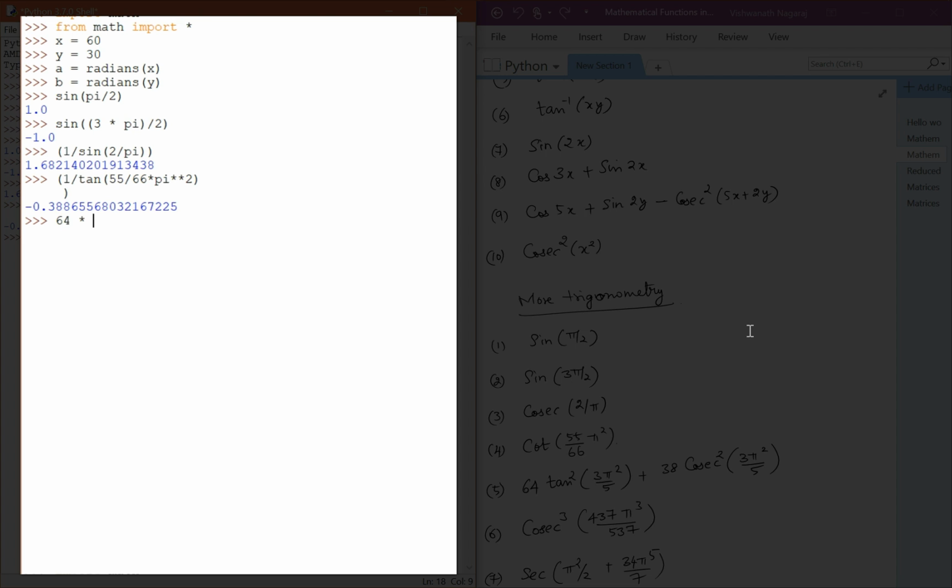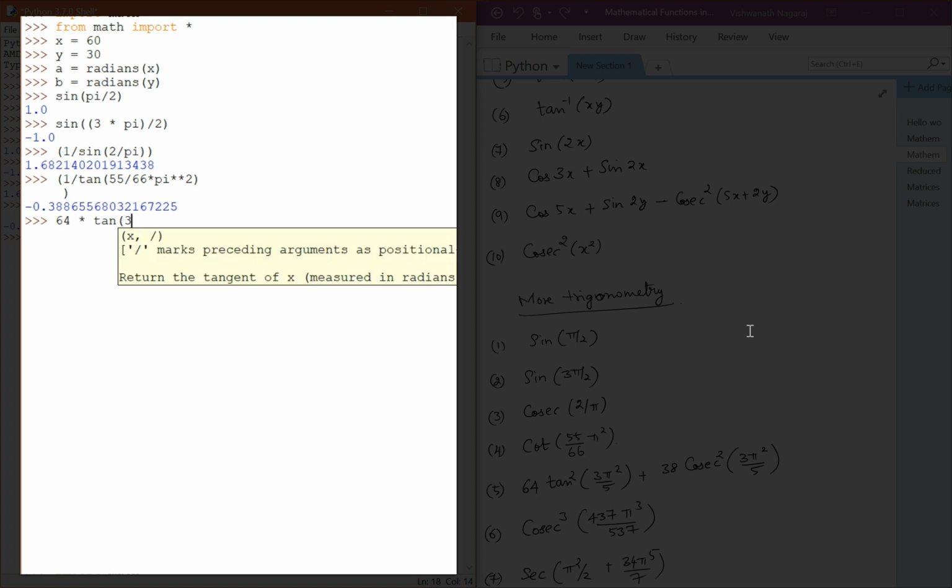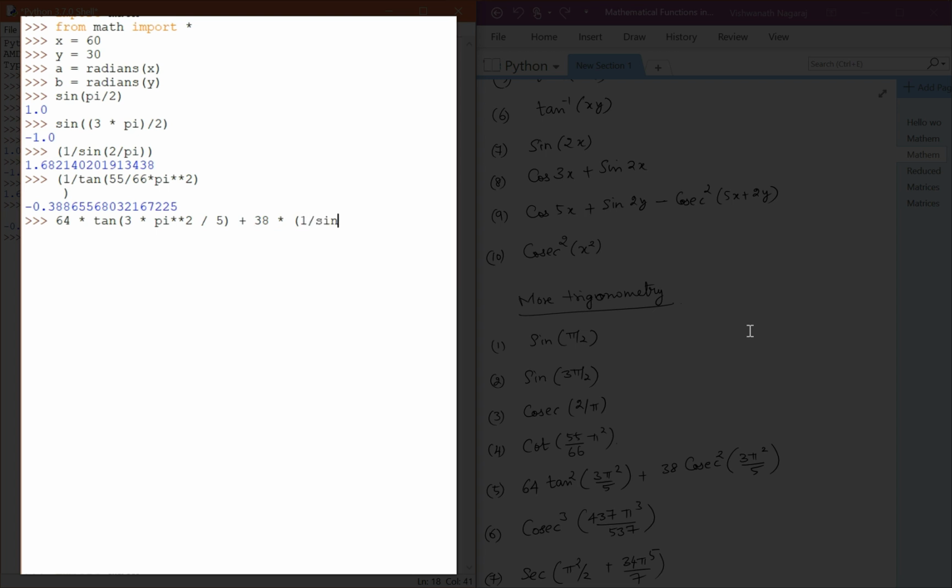So 64 times tan square, so tan of 3 times pi square by 5 plus 38 times cosec square, that is 1 by sine of 3 times pi square by 5, and the square of this cosec, and the tan also should be squared. So square, and press enter.